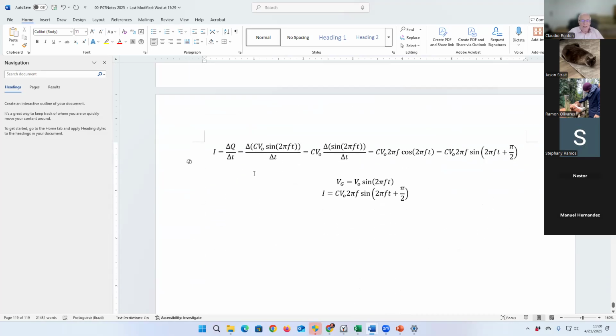We say the current is out of phase with the voltage by 90 degrees.